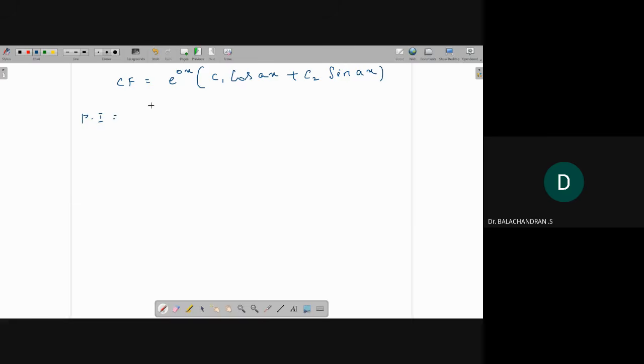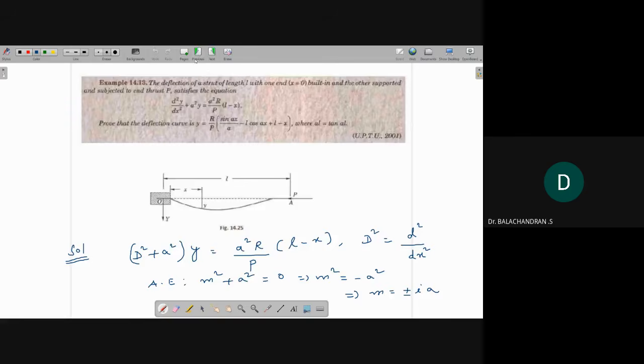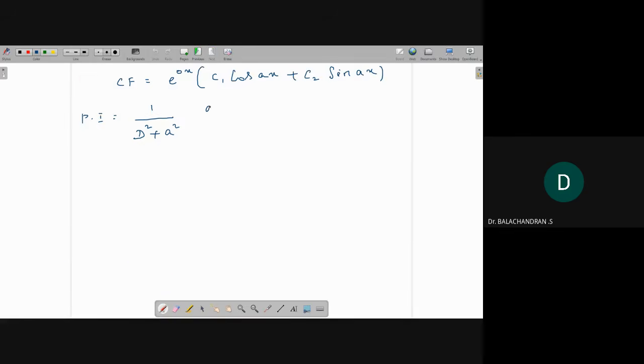Now we need to find PI. PI equal to 1 by D square plus a square, and the right hand side function is a square R by P into L minus x. L minus x is algebraic, so you should write the denominator in the form of 1 plus x or 1 minus x.